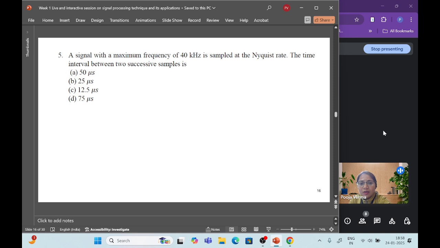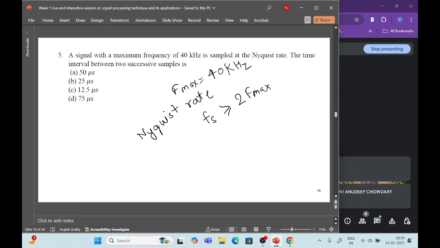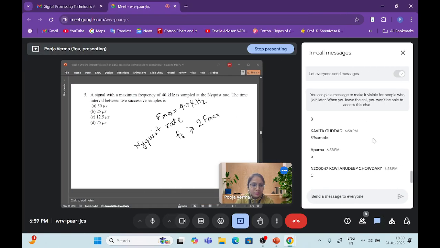Here F maximum is given, that is 40 kilohertz. Already we know that for the Nyquist rate, Fs must be greater than or equal to 2 F maximum.